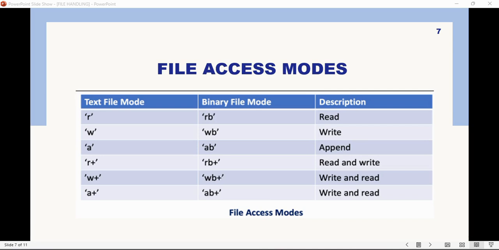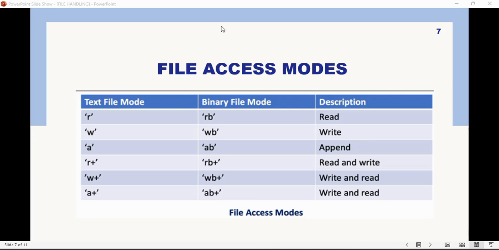But append mode is a nice mode because I use it frequently. Append mode doesn't raise any error if the file doesn't exist in your system. If the file doesn't exist, then it will create a new file. But if the file exists and there is some data there, then it will not truncate the past data. It will just append the data, as you can understand by its name.